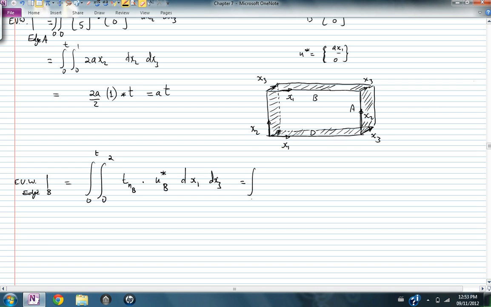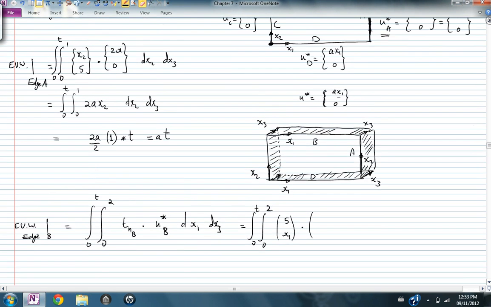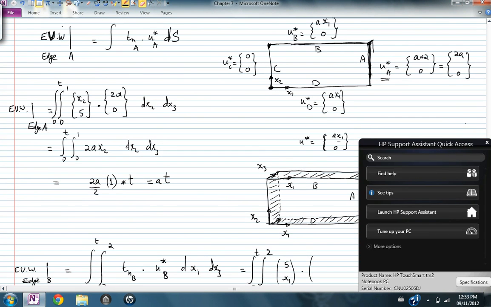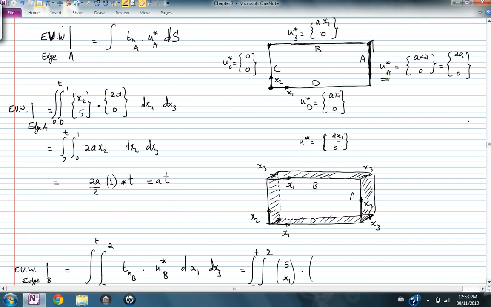So this is equal to integral from 0 to t, 0 to 2, and the traction vector on edge B was equal to 5, x1. The dot product with u star on edge B, which was equal to ax1, 0.